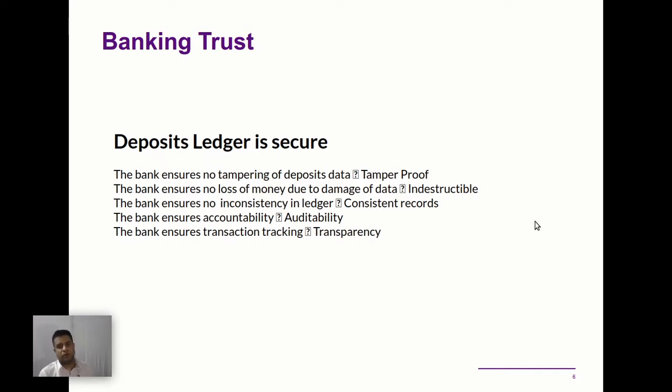Banks also go through a lot of audits, and this ledger has to be always open for audits. All of the transactions that are made on the ledger should be transparent. Anyone should be able to verify how his balance was changed as a result of a transfer. So all of these different security measures are what ensure that banking trust.